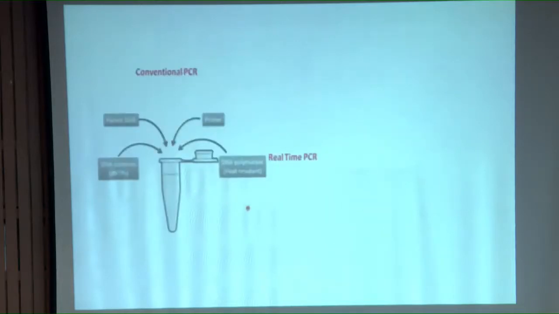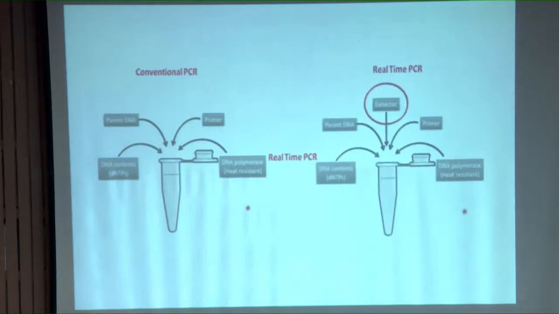Pictorially it is something like this. You have a conventional PCR, you have dNTPs, the parent DNA, that's the template DNA, you have primers, you have DNA polymerase and the mixture, buffer, and all other ingredients you put. This is a typical conventional PCR. And this is what is called the real-time PCR mixture.